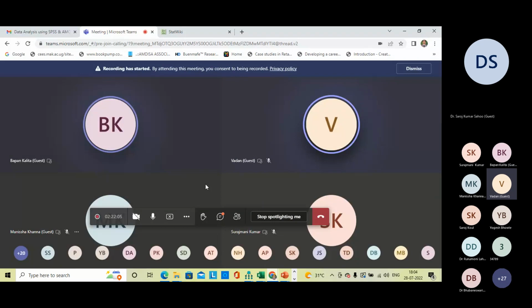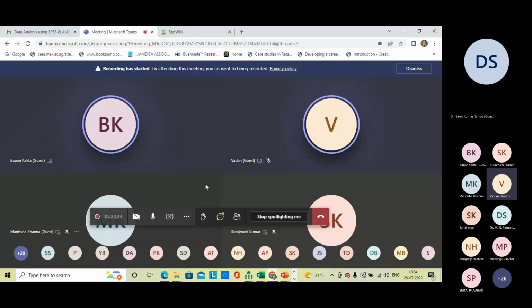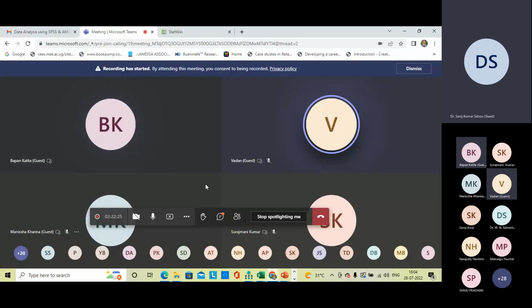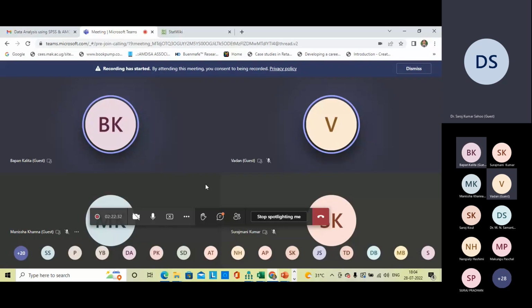I got it, sir. I thought, suppose I select BSI1, instead of selecting BSI1, can I select BSI2? Please, I think you are thinking that I am taking only BSI1. No. BSI1 is an indicator.